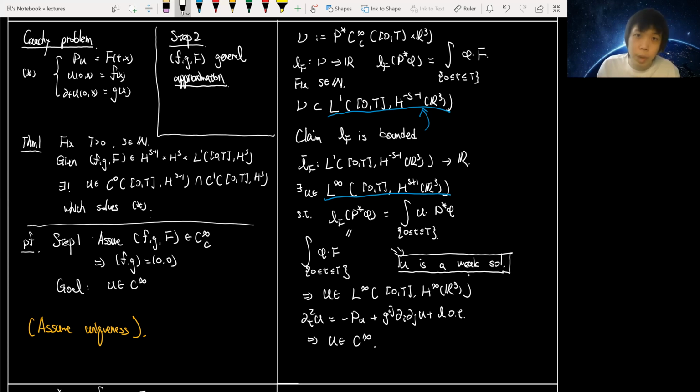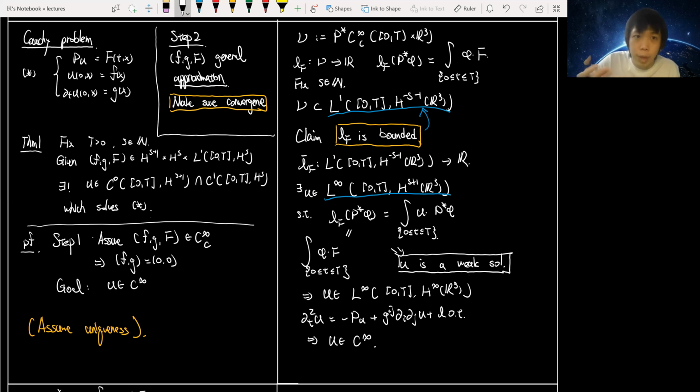They will converge to a limiting guy, and that guy will be the solution. So make sure convergence. Okay, so this is the structure of the proof. Up to 3 things. We need to assume uniqueness. We claim LF is bounded, and we need to make sure the approximation will give us a convergent sequence.